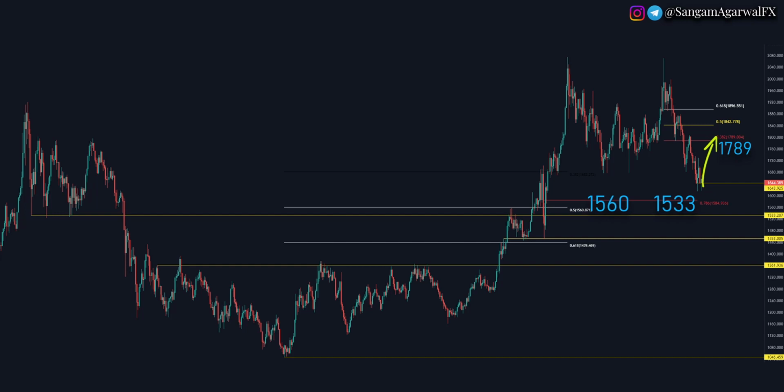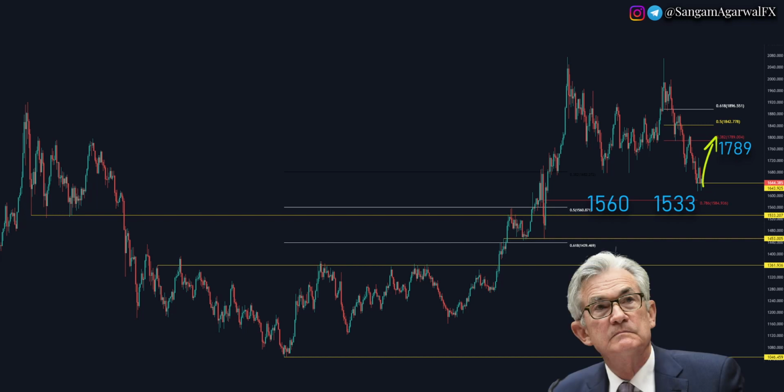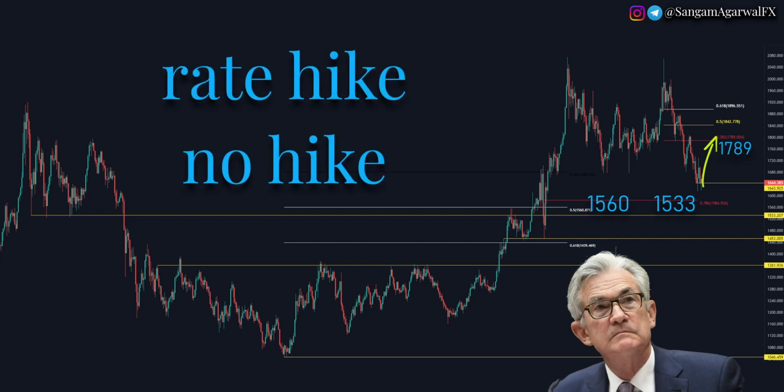So there is a possibility that this complete trend from top to bottom can retrace and gold makes a correction on the weekly time frame, because now Fed will decrease rate hike size, then pause, then everyone will wait for a market crash.